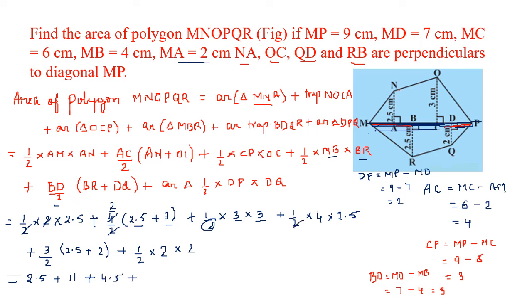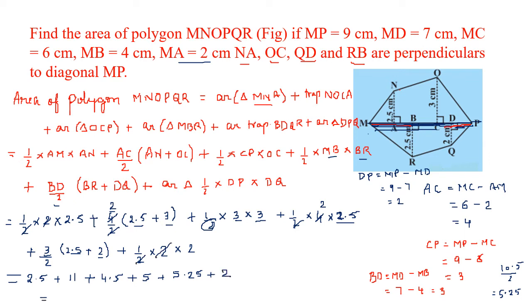Plus 2 ones are 2, twos are gets cut. 2 into 2.5 gives me 5 plus 1.5 plus 2 is 3.5. 3.5 into 3 is how much? 10.5. Divided by 2 will give us 5.25. So we get here 5.25, plus this 2 and 2 gets cut, so 2.